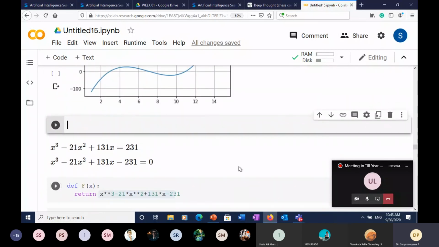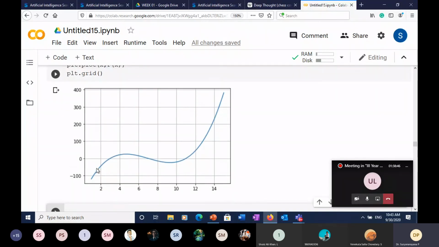Between 2 and 8, there are two roots, one is 3 and one is 7. If I give 2 and 8 as the initial bracket, what happens?